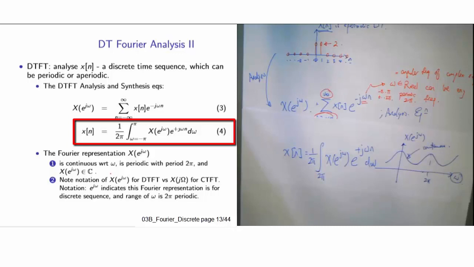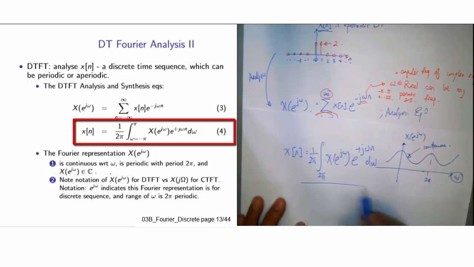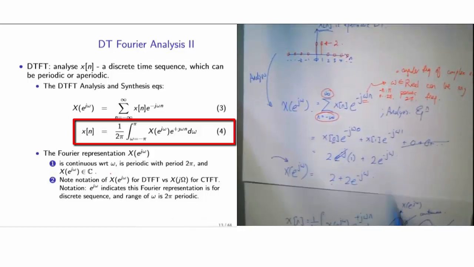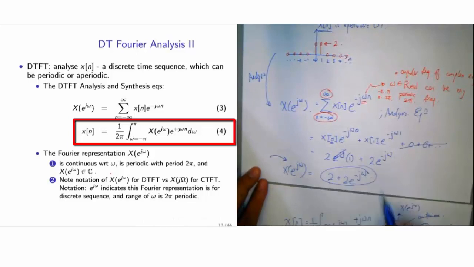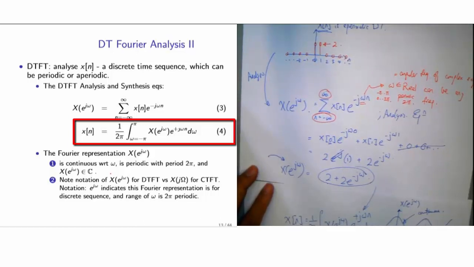And this is the discrete time Fourier transform synthesis equation, or sometimes we call this the inverse discrete time Fourier transform. So if you have this, and just now we have this, then theoretically you can get back your sequence.